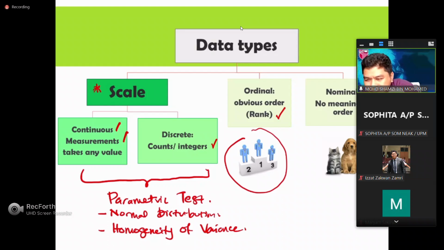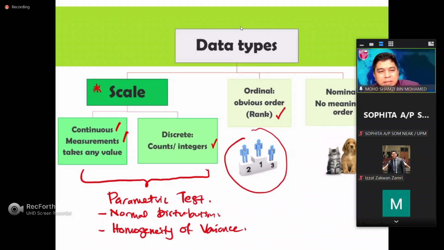You can put a rank or a code, let's say dog you put as 0, cat you put as 1, and that's just for your reference. But dog doesn't come before cat. So that's nominal, no meaningful order.